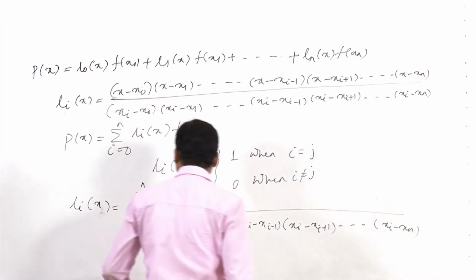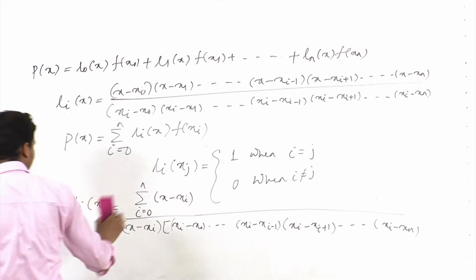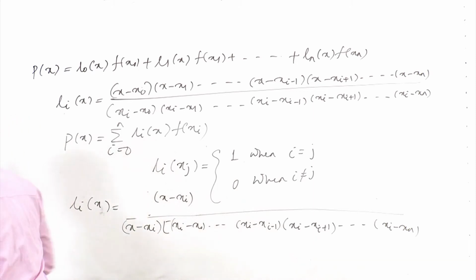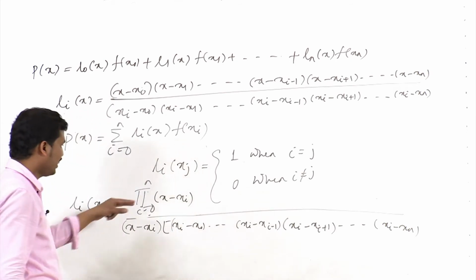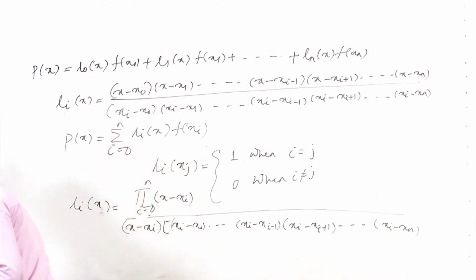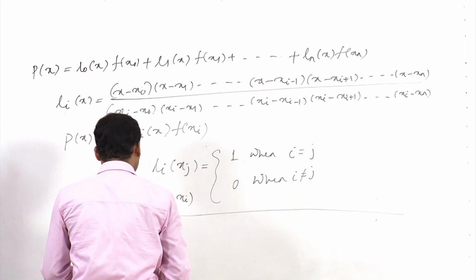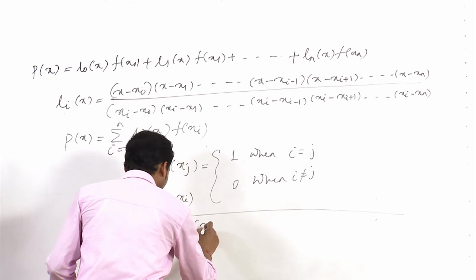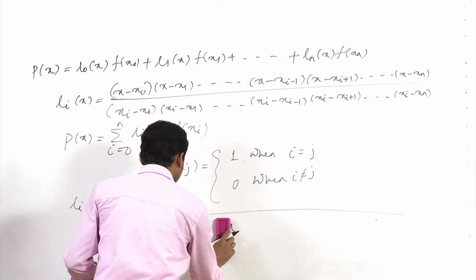And also sometimes people use, since this is a product form here, I can write this as the product of i equals 0 to n of x minus xi divided by x minus xi, into this term which I can replace as pi dash of xi.